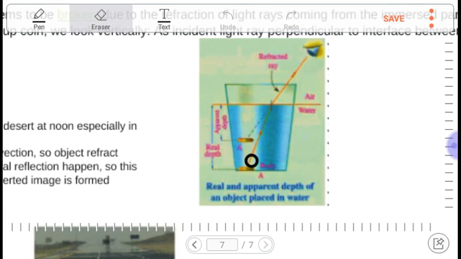So the coin is not in its real position; it is slightly above its real position. Why? Due to the refraction of the light coming from the submerged object far from the normal.